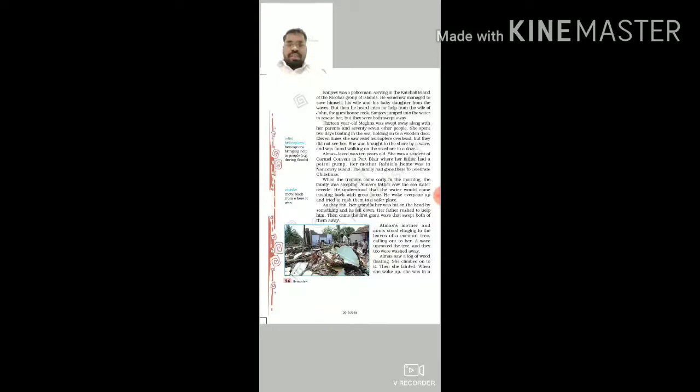She spent 2 days floating in the sea, holding onto a wooden door. She was helped by a wooden door. That's why she floated on that water.